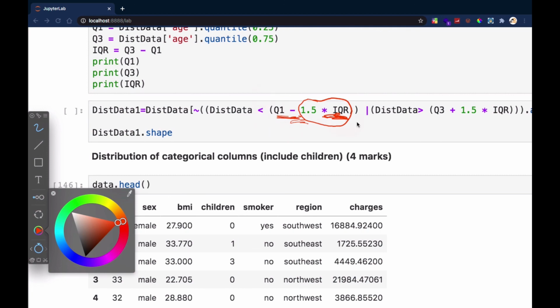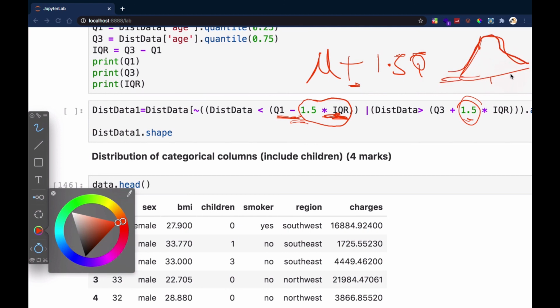So we set a threshold of 1.5. So it's more like 1.5 standard deviation away from the mean, either negative or positive, that is at either side of the normal distribution. So this could be the normal distribution over here.